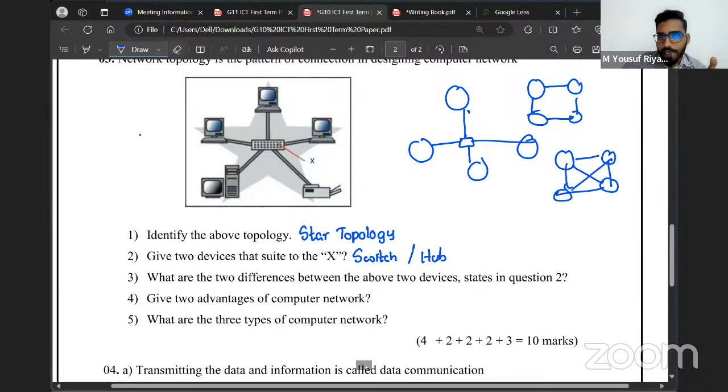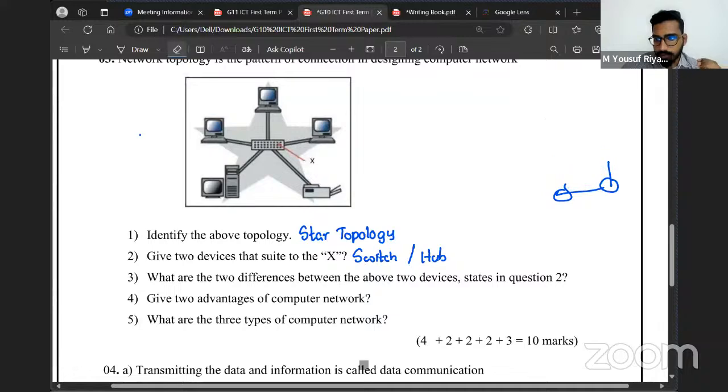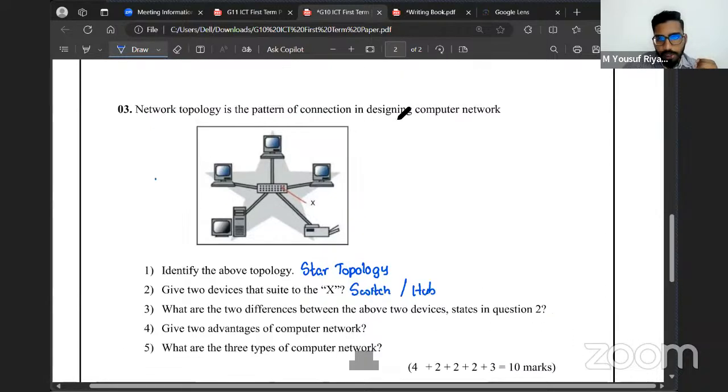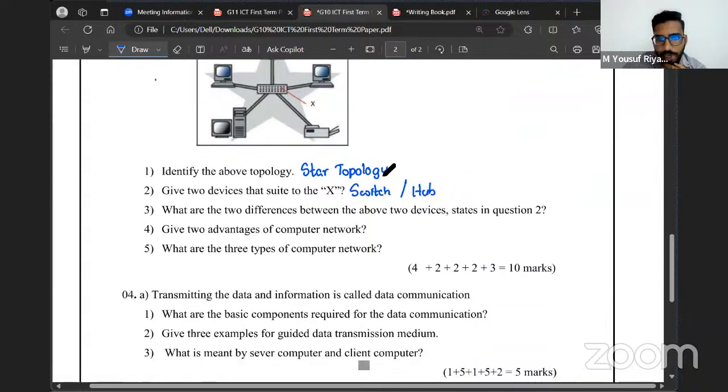So the way they are connected is what we call a topology. It's actually given in the question as well: network topology, the pattern of connection in designing a network. Okay, so we have a switch or hub.